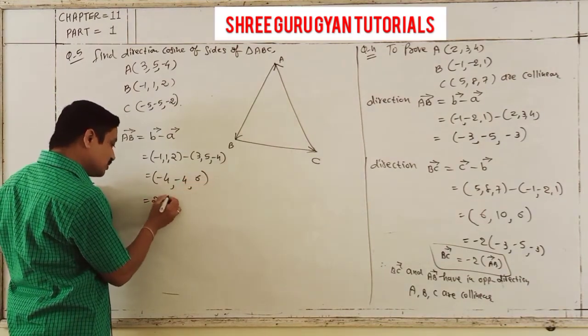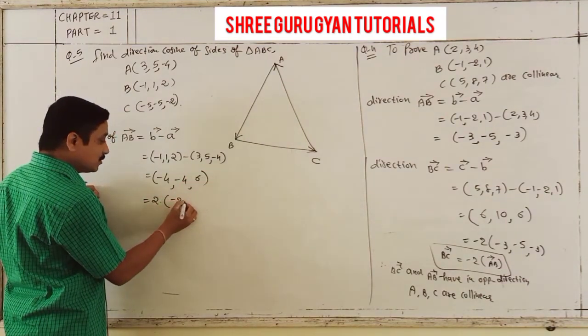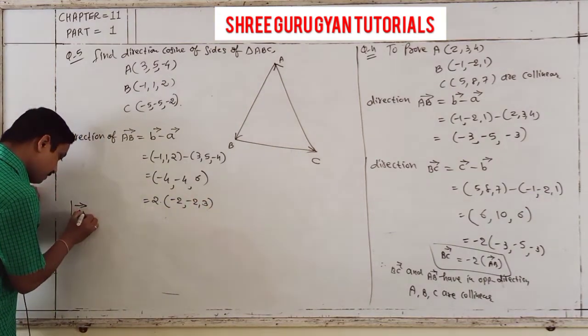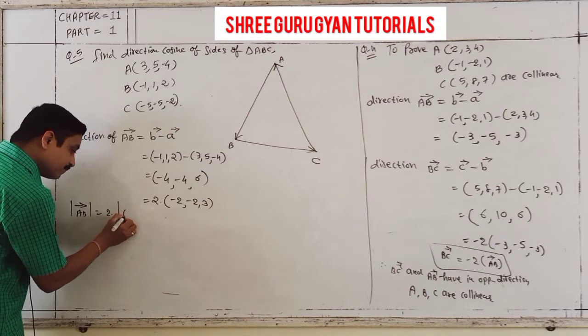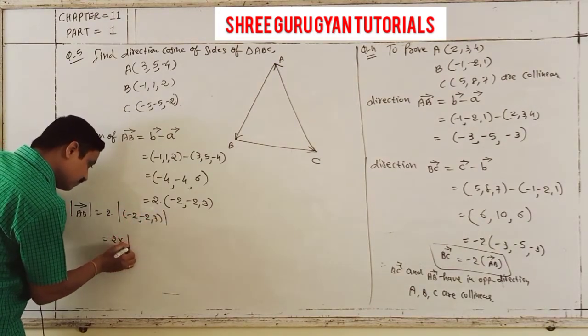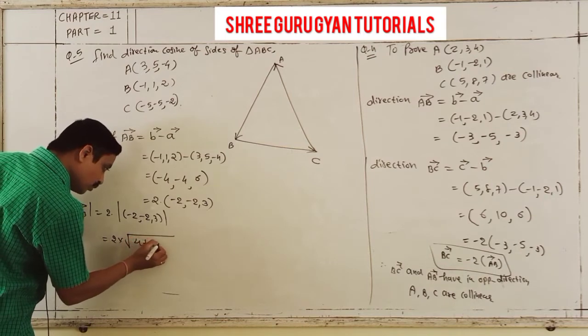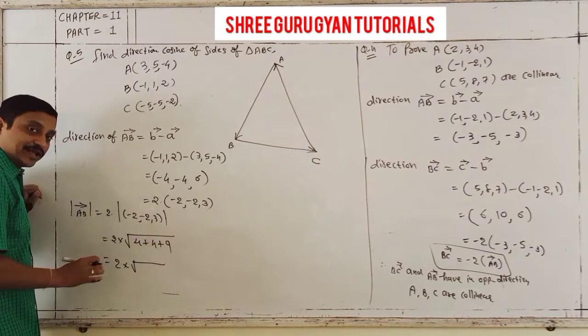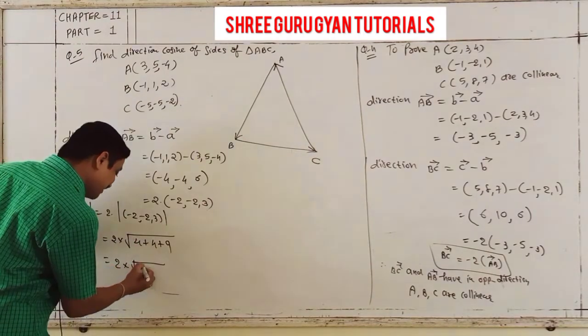Students, 2 common take, minus 2, 3, and you will check magnitude. 2 outside, minus 2, 3. So my answer is 4, 4, 9. So finally you done. Yes, 4 and 4 is 8, 8 and 9 is 17.